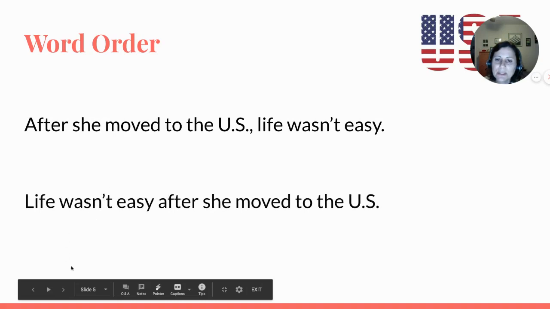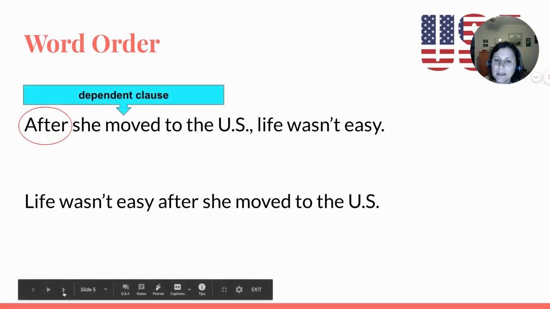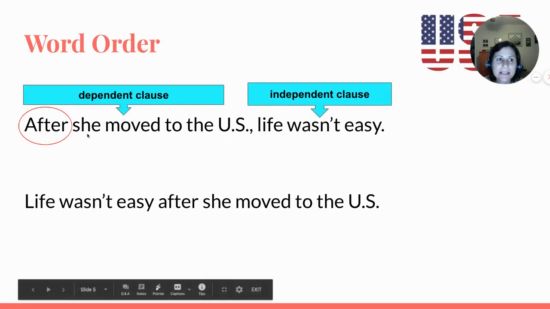After she moved to the US, life wasn't easy. We have our subordinating conjunction and dependent clause, and our independent clause after the comma. Well, with these adverb clauses, you can actually change the order.